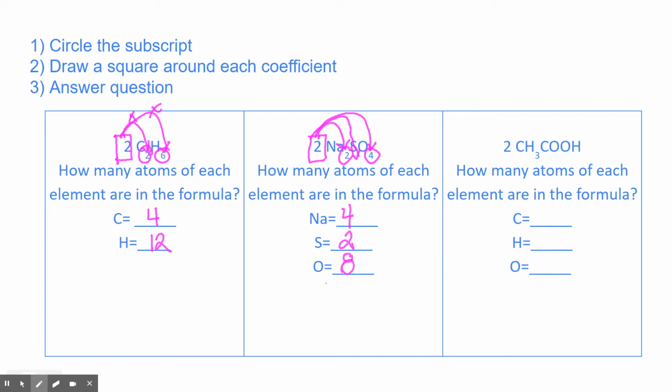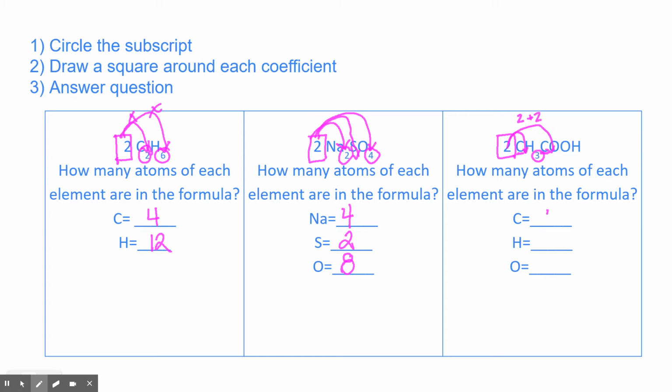Our very last example shows what to do when you have more than one of the same element listed. So I'm going to circle our subscript, put a square around our coefficient. We have one carbon here and another carbon there. So we must add them together. So we have 2 of these and 2 of these.